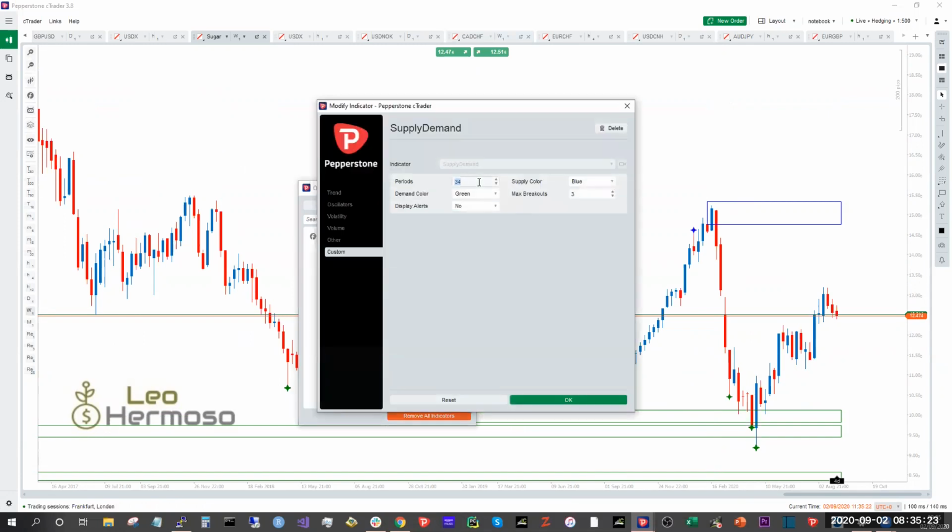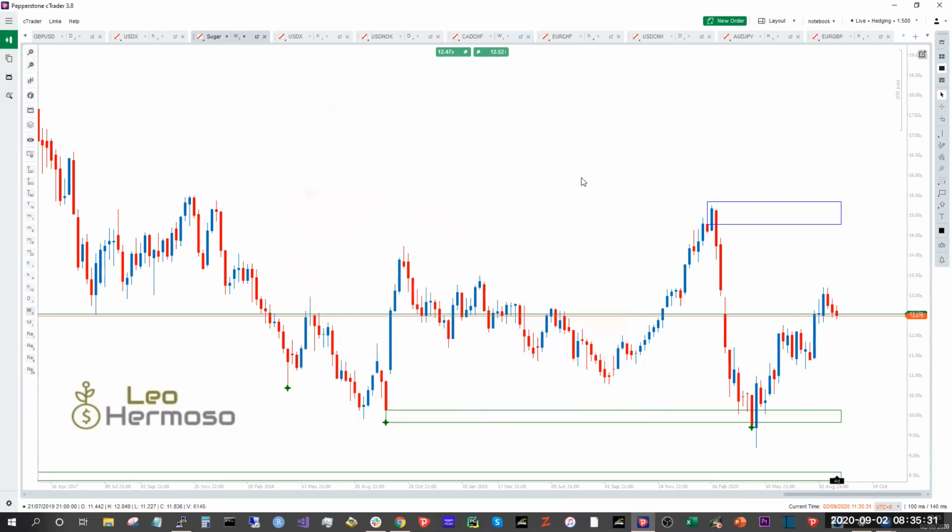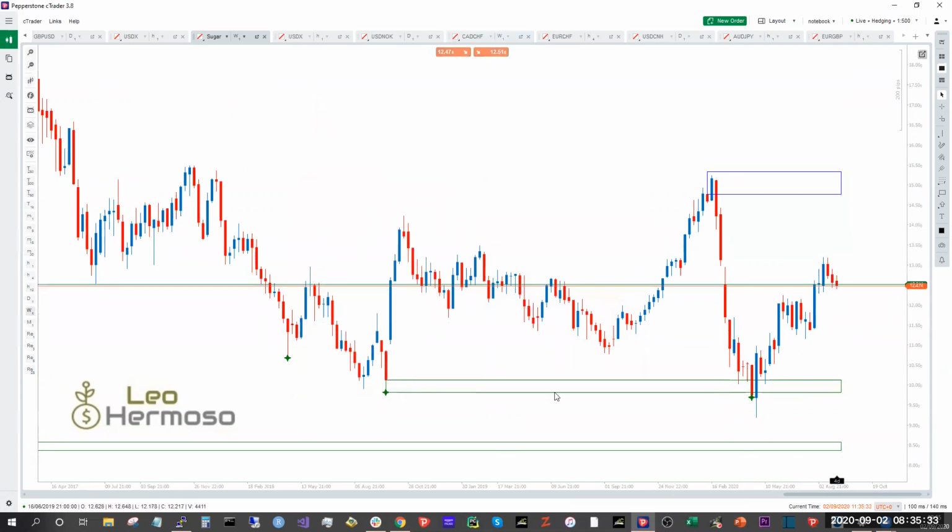So let's, for example, put a rate. So what this indicator is trying to catch and to show us are levels of price where we had turning price, where prices find sellers or find buyers.